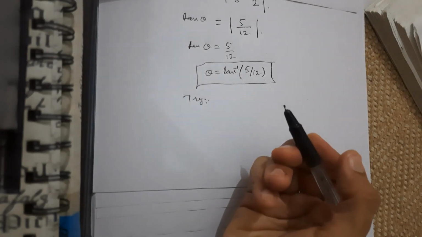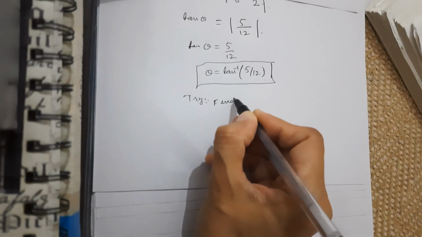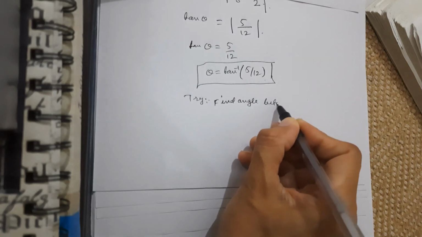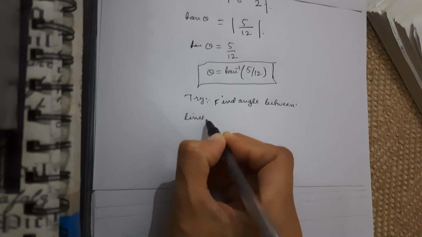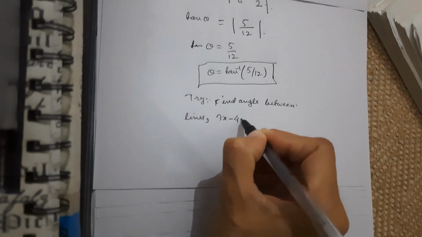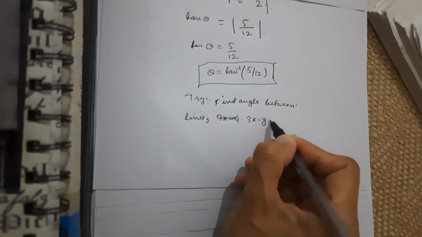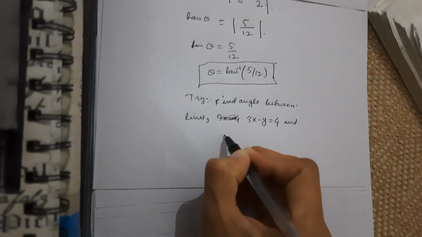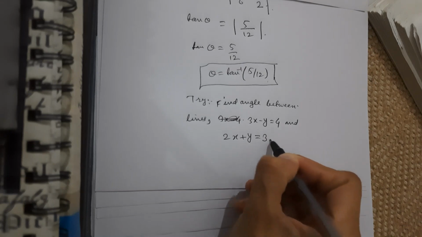See if you are able to solve it. Find the angle between the lines 3x minus y equal to 4 and 2x plus y equal to 3.